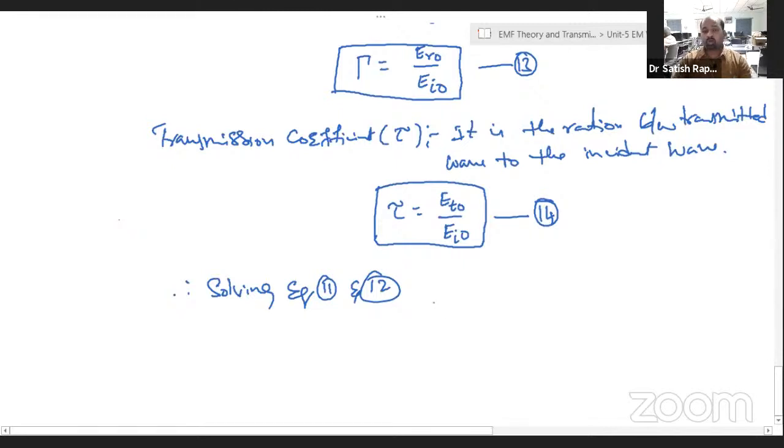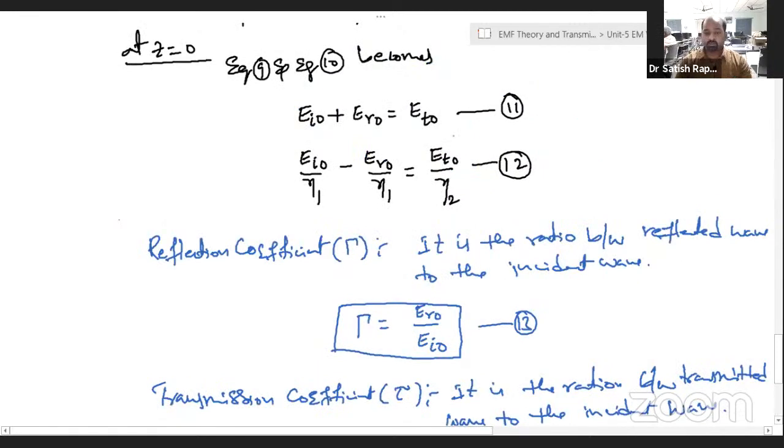How do you solve? Very simple. If you substitute ET naught here, what is ET naught? EI naught plus ER naught.